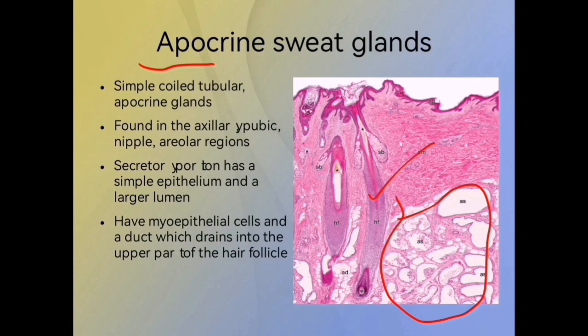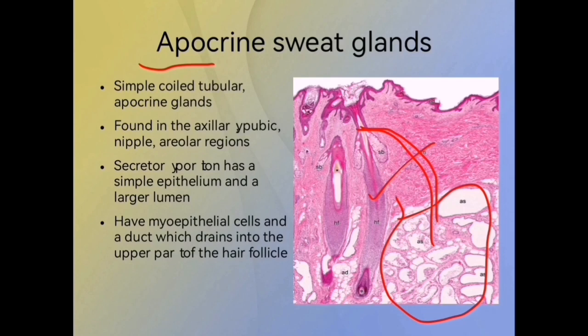Why is that? It's because the apocrine sweat gland does not have a duct which opens onto the skin surface, but they have a short duct which connects with the hair follicle at a point just above the attachment of the sebaceous gland. So the apocrine sweat glands are dependent upon the hair follicles for their secretions.